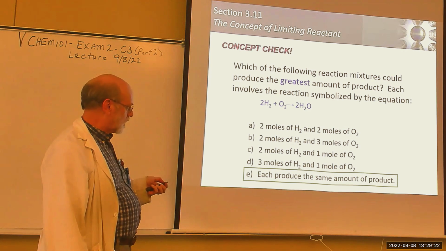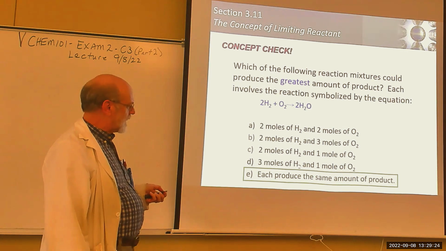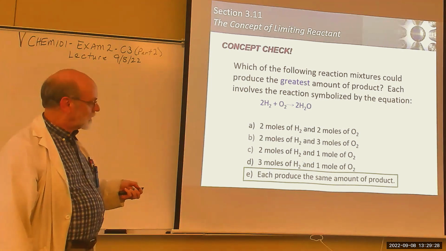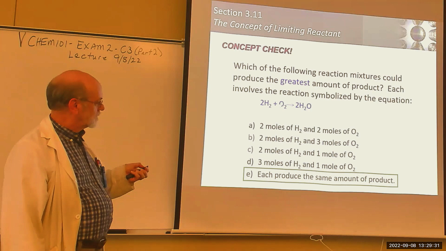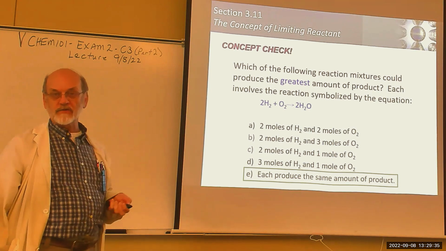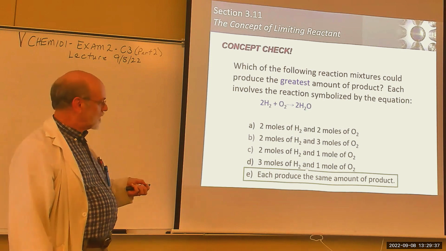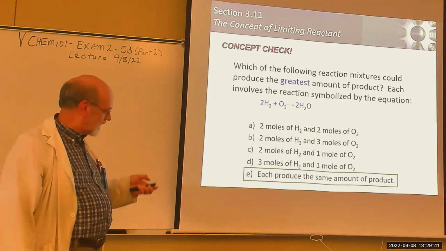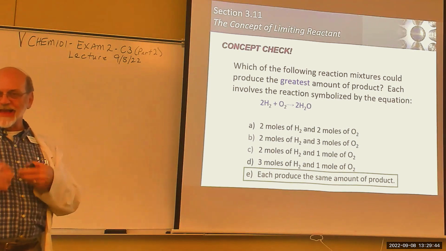So 2 waters, 2 waters, 2 waters. 3 moles of hydrogen and 1 mole of oxygen. Now the tables are flipped. 1 mole of oxygen will be completely consumed by 2 moles of hydrogen, and we'll have a mole of hydrogen left over. But that will still produce 2 moles of water. That's why the answer is they each produce exactly the same amount.